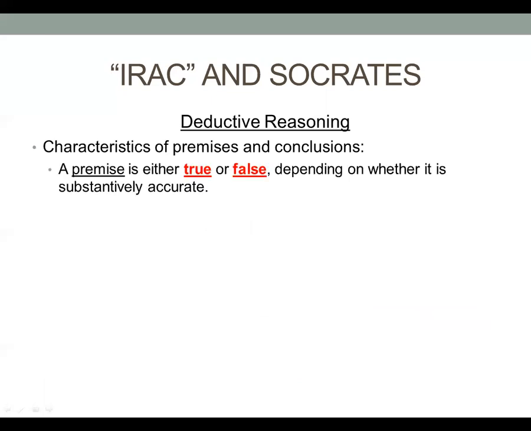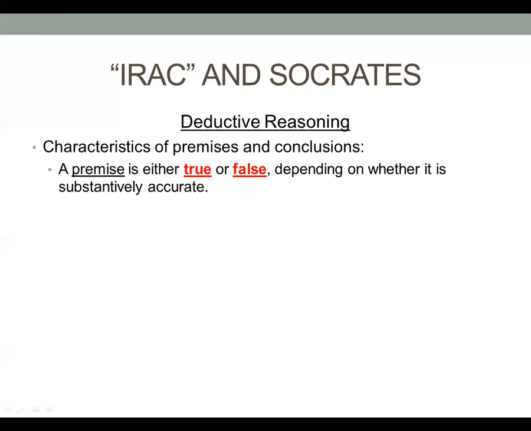Well, premises can be either true or false, depending on whether they are substantively accurate in what they say. So if it were not true that Socrates actually appropriated property of another with intent to deprive the owner of property, then the statement we just read earlier would be false.